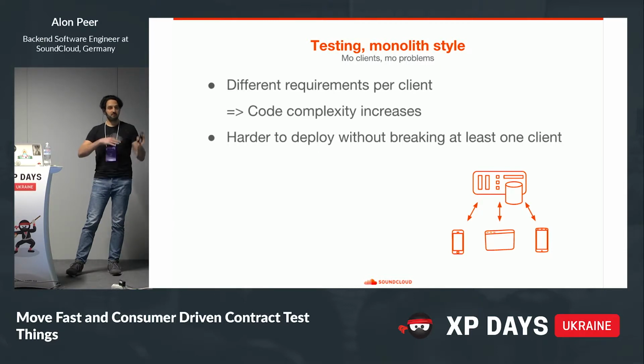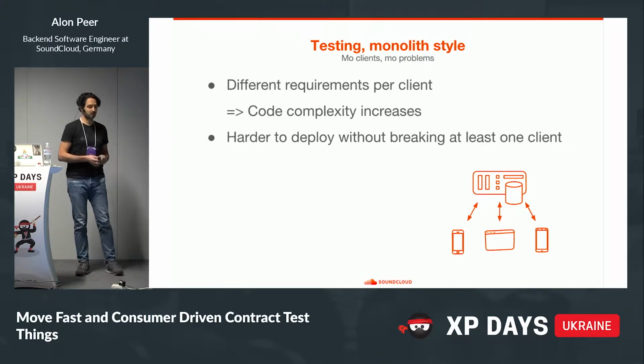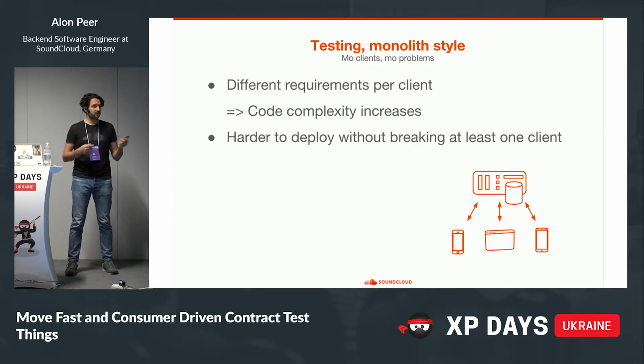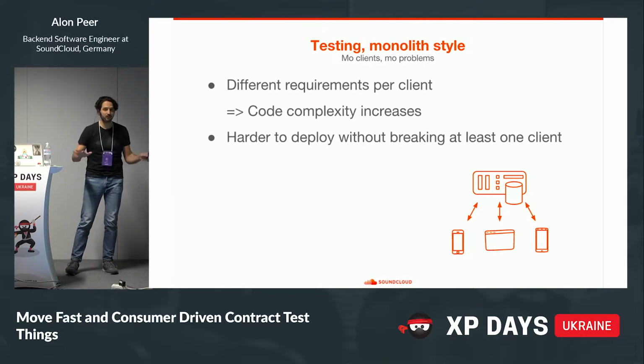We had a lot of if-else statements all over the code, if the request came from iOS or from Android or that sort of thing. And suddenly it was harder to deploy something without breaking at least one of those clients. So basically, if some change was needed and we did that, we just deployed it and looked at the logs to see if anything breaks.